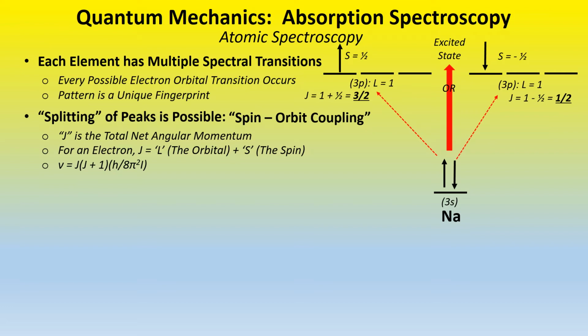This is important because, as you saw, the frequency, J times J plus 1, is equal to Planck's constant over 8 pi squared times the distance. Therefore, two different J values will give two slightly different frequencies.